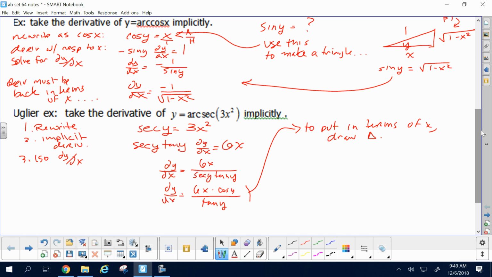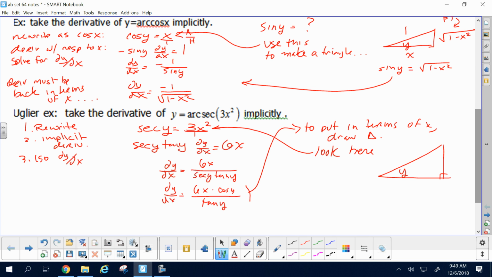The triangle comes from the first step in your work. That's what implies what the triangle looks like. Y is the angle. And so the sides, I'll call that 3x squared over 1.